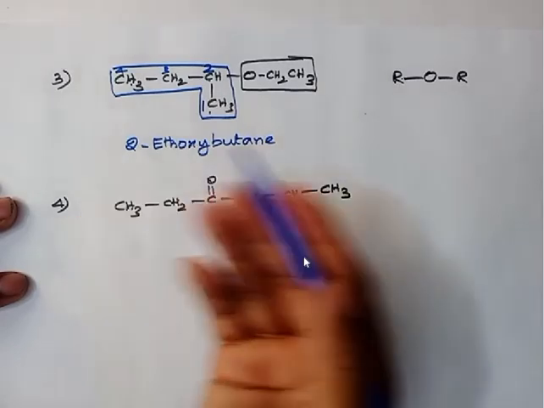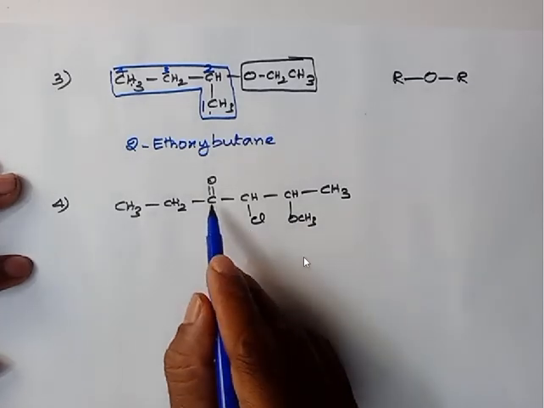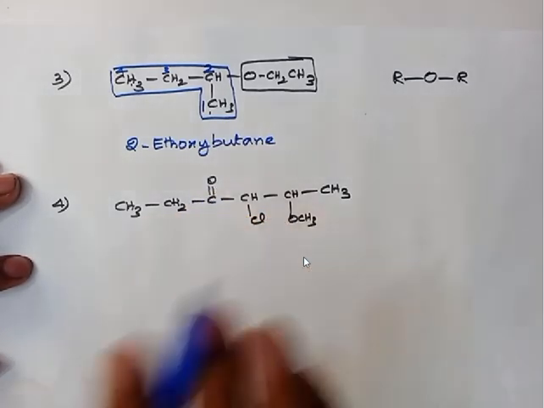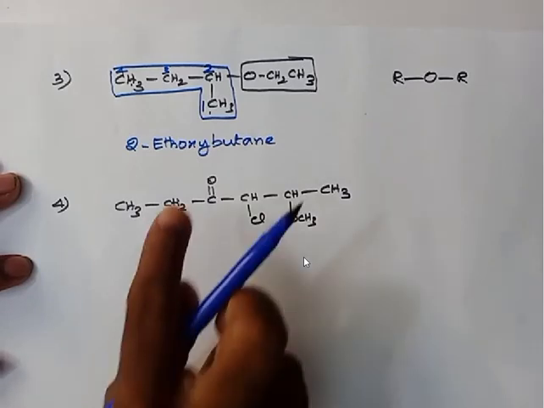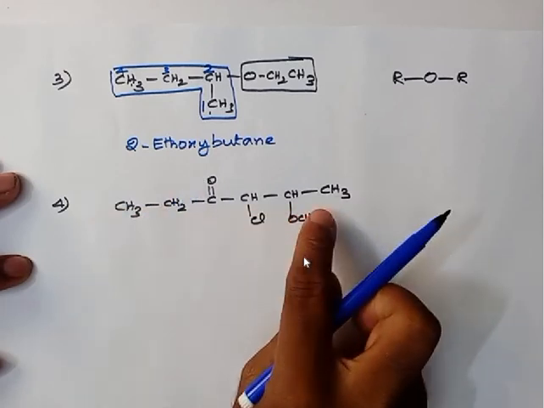According to priority order, the keto group has the highest priority. Therefore, the keto group should get the least possible number. That's the idea. And whenever a functional group contains carbon, that carbon should be included in the parent chain.